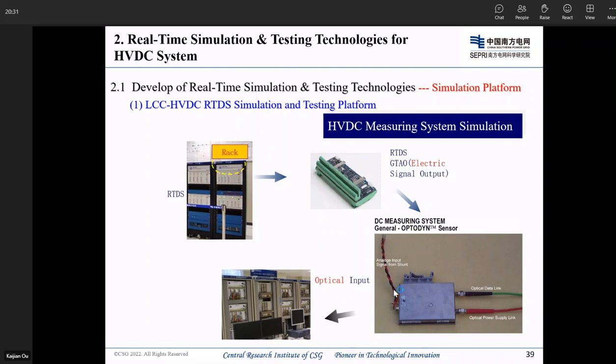After this Optim DC measurement system, the signals are input to the HVDC control cubicle. So the DC measurement system is also simulated in our laboratory.